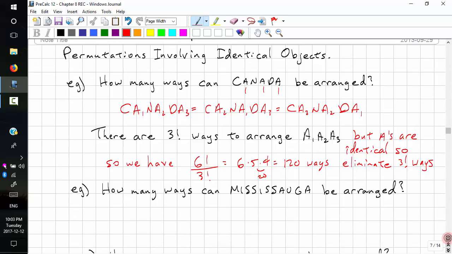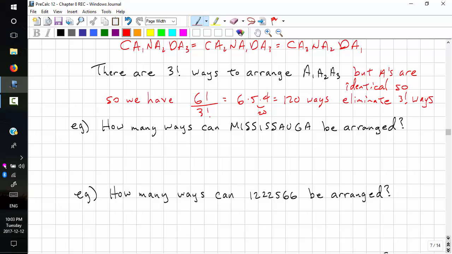Let's look at something a little bit harder. How many ways can Mississauga be arranged? We have 2 I's, 4 S's, 2 A's. So we just do 11 factorial over 4 factorial times 2 factorial times 2 factorial.